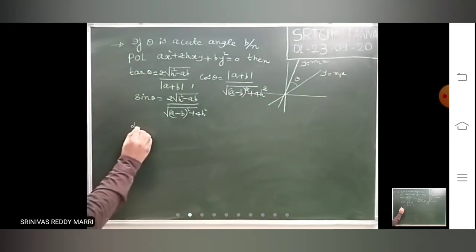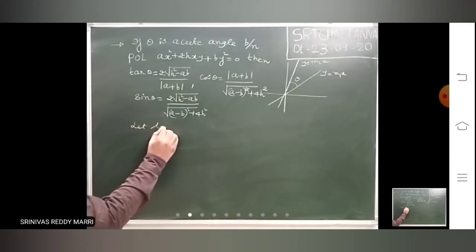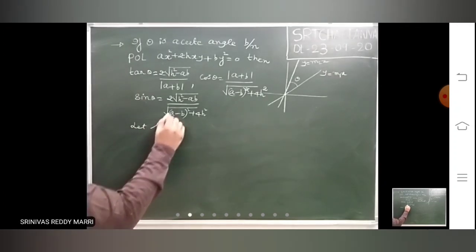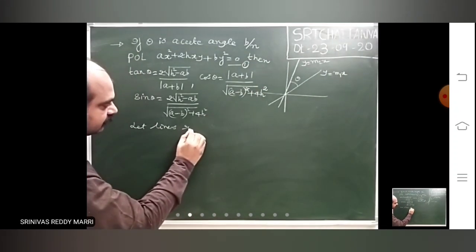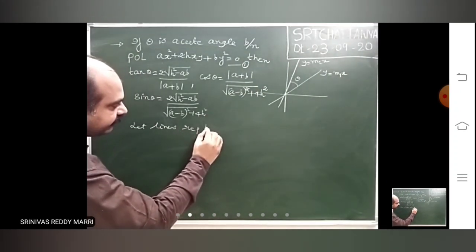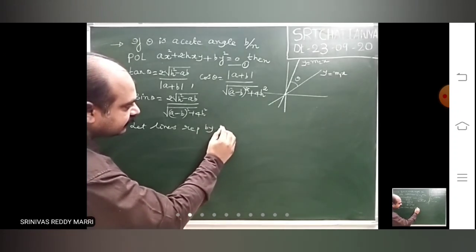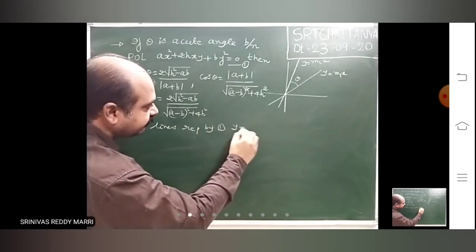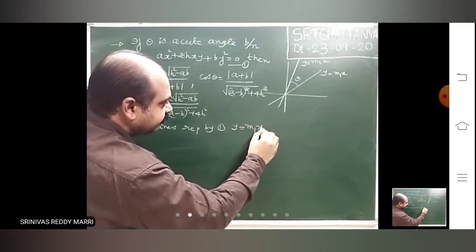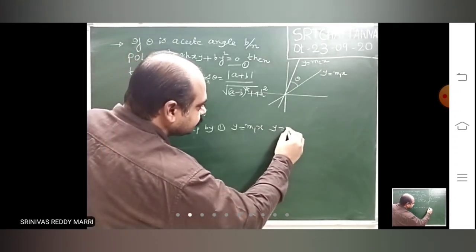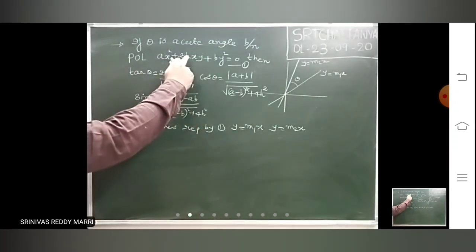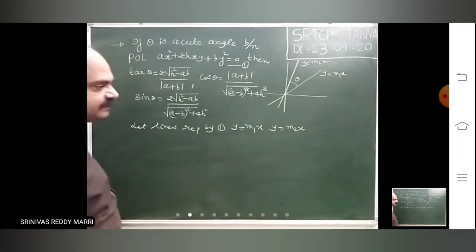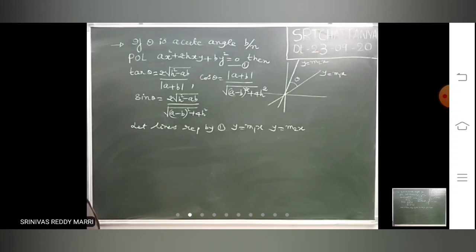Okay, that means whenever you want to find the angle, we will find the separate lines. Whenever this is given, we will take the lines represented by it as y equal to m1x and y equal to m2x.